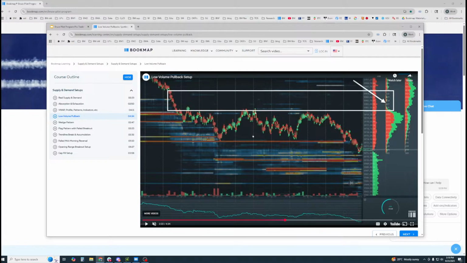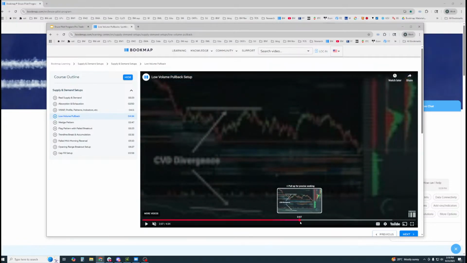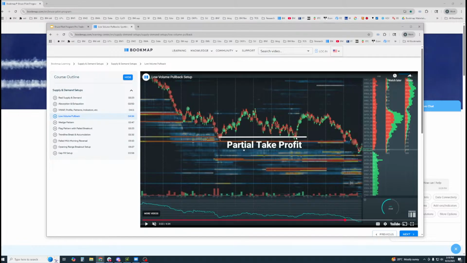Sometimes you get it, sometimes you don't, and then you're looking for the sellers to continue. This one was more complex, actually, so I may have to come up with a simpler one. Anyway, taking partial profit, again, hitting that single down at the bottom of the range, and then looking for the continuation.